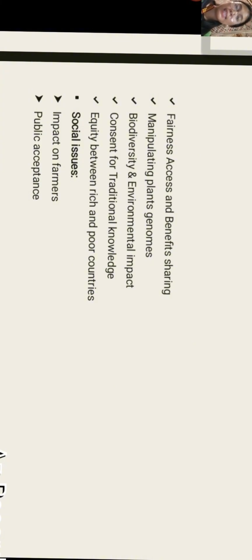For example, if a tribe knows a plant cures fever, scientists must ask for permission before studying or patenting it. Next is the equity between rich and poor countries. Benefits from genetic resources or research should be shared fairly between countries.